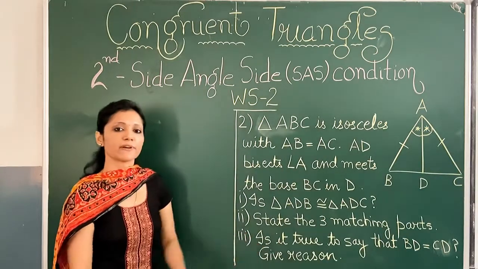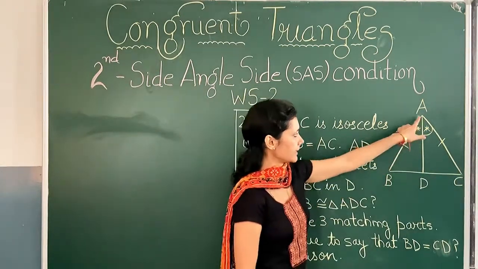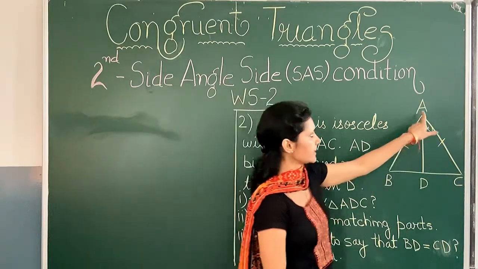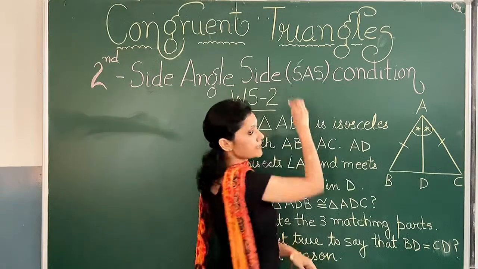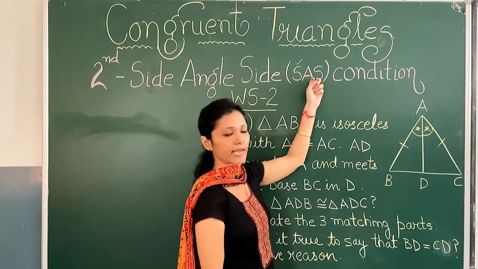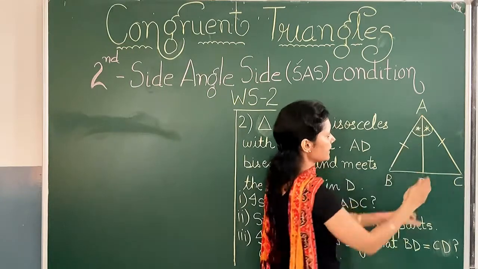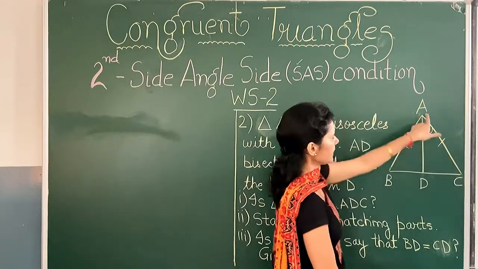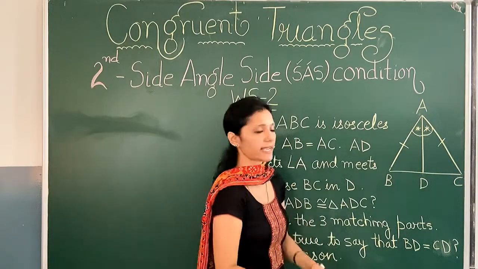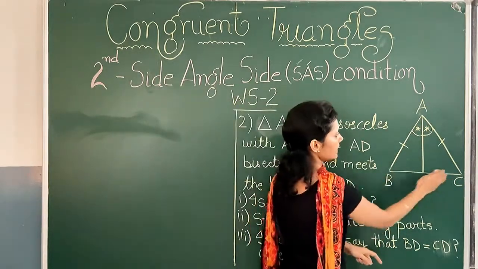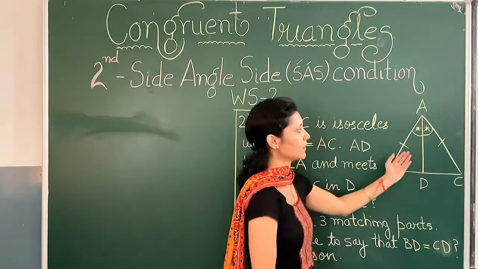So let's verify the three matching parts. See, one side of one triangle, that is AB, is equal to the one side AC of the other triangle. That means we have proved this S. Next comes A, the angle. So we know that this angle BAD is equal to this angle CAD. So A is also proved. The third condition is again side. You can see these two sides are not given as equal, but we know that this AD side is common to both the triangles.